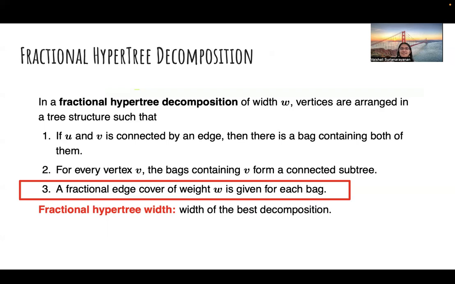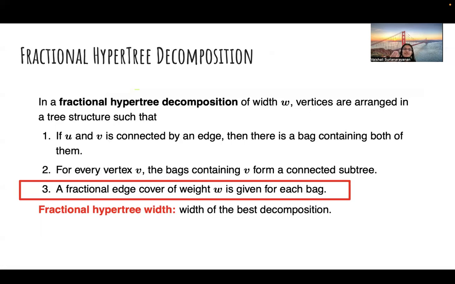Then your fractional hypertree decomposition is just the tree decomposition of the Gaifman graph. Another way to look at it is that your vertices are arranged in a tree-like structure, and if U and V are contained in the same hyperedge, then there is a bag containing both of them. And for every vertex V, the same rule: the bags containing V form a connected subtree.